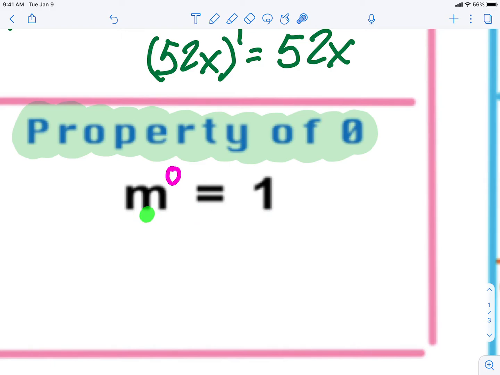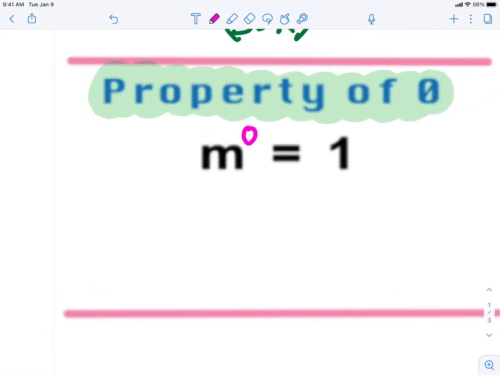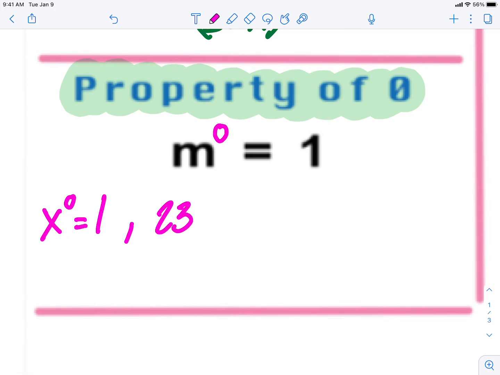M meaning any number in the world except 0, but any other number to the power of 0 is equal to 1, or any other variable as well. So if we have x to the power of 0, that gives you 1. I can have 237 to the power of 0. Well, that gives you 1.